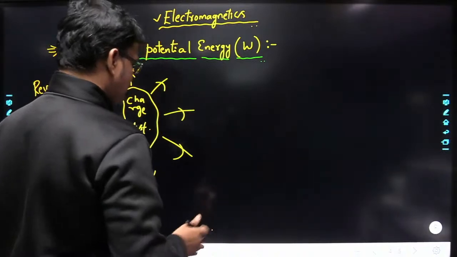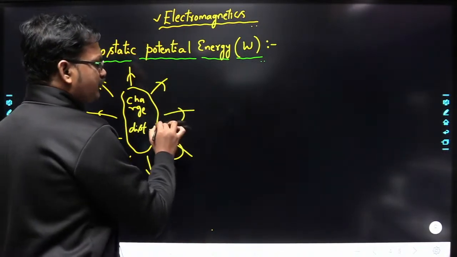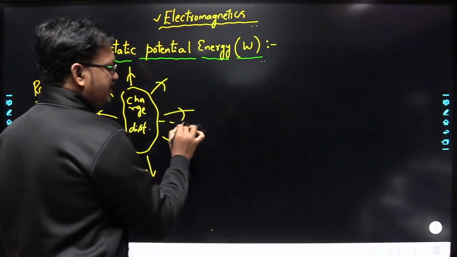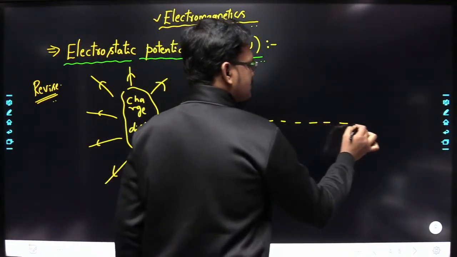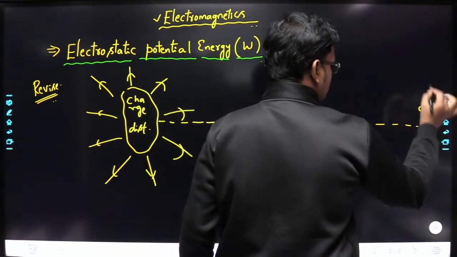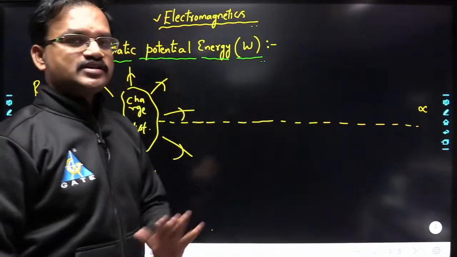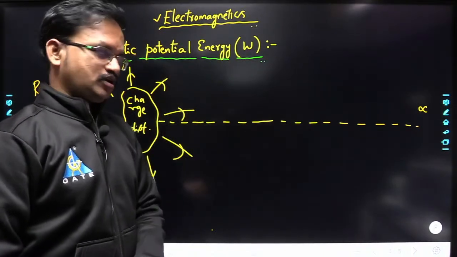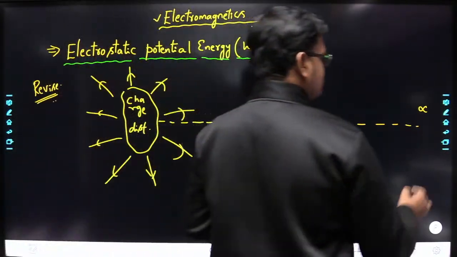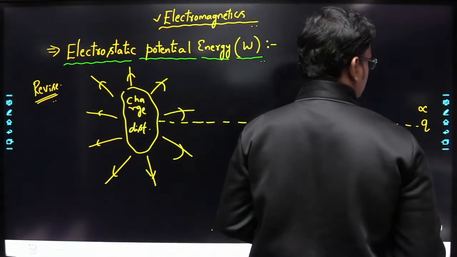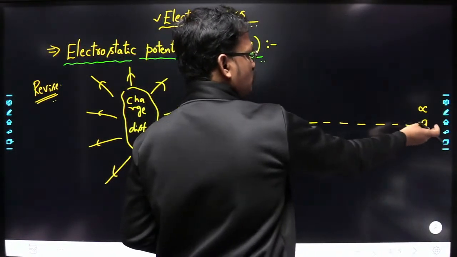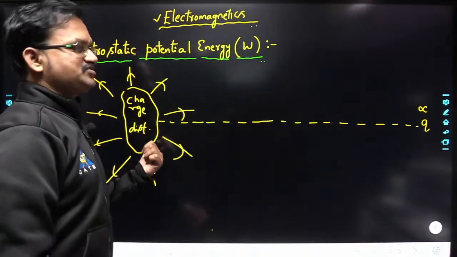Now, yesterday I told that you move to an infinite distance from this charge distribution. From infinity, you try to take a charge q, which is of the same polarity as this charge distribution.